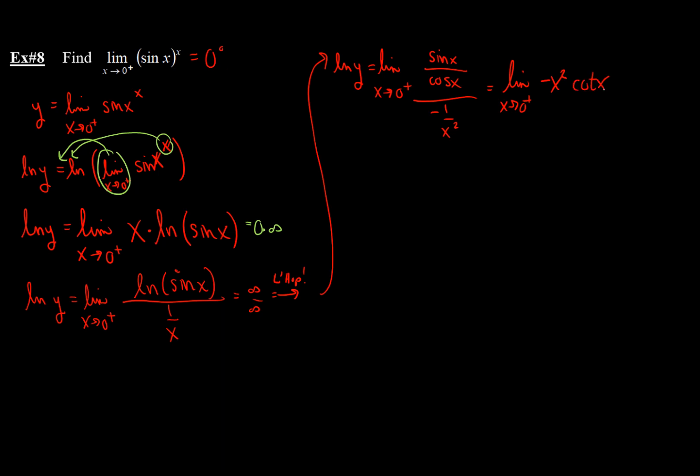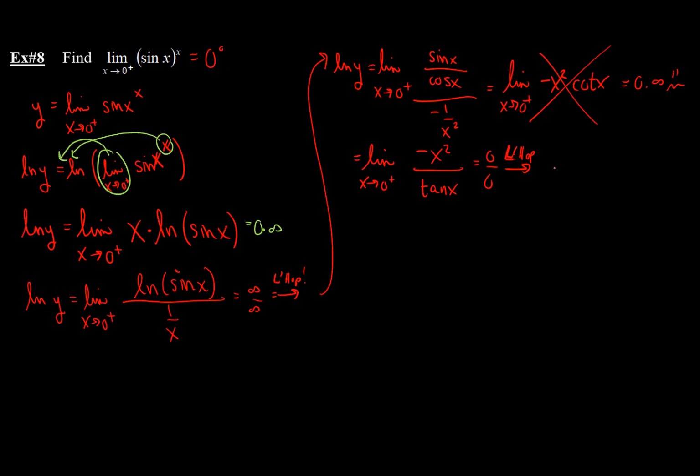And if I plug that in, I end up with 0 times infinity, which is bad, so I'm not going to write it this way. How else can I write the cotangent? Well, I can write it as 1 over the tangent. And if I do that, I get 0 over 0 again, and I think, yay, and I do L'Hôpital's.